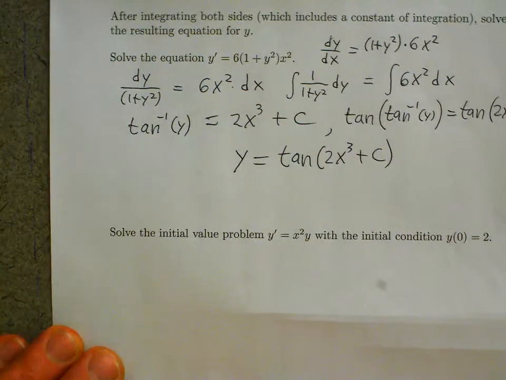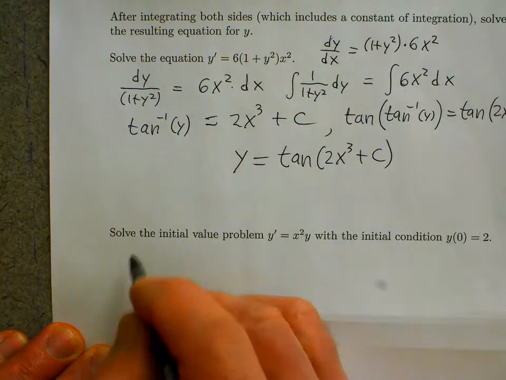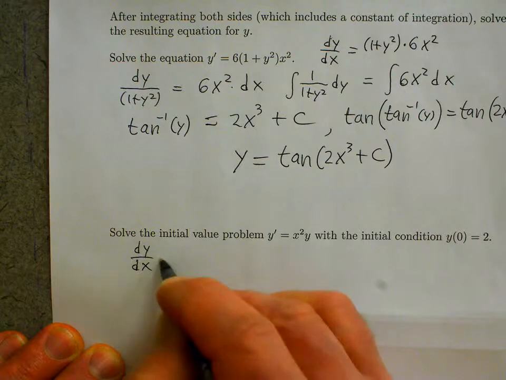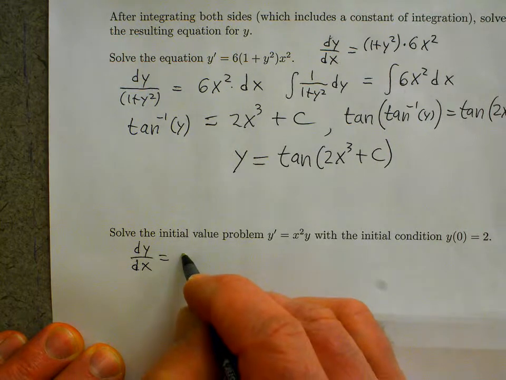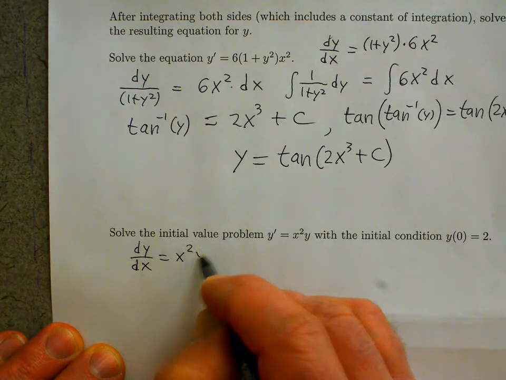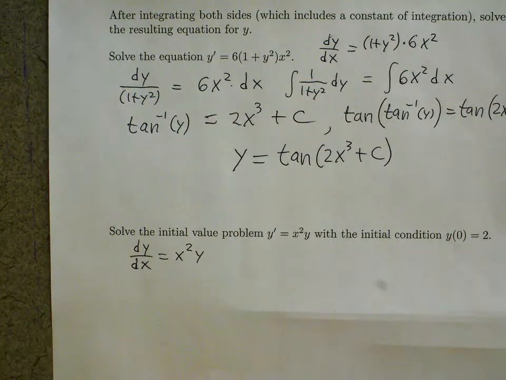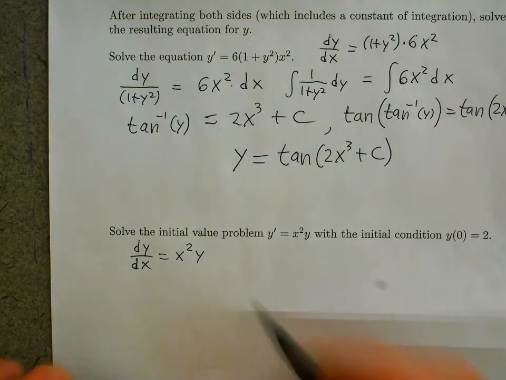Okay, so y prime is what dy/dx is. It's equal to x squared times y. So this satisfies the definition of a separable equation. dy/dx is the product of a function of x and a function of y, so we can separate them.